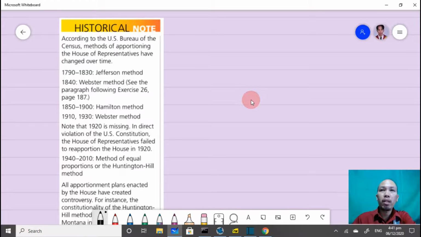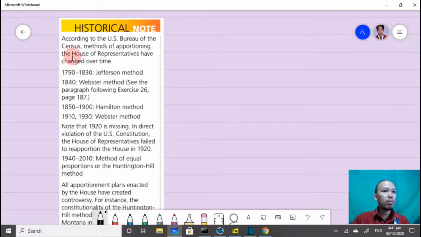The Huntington-Hill apportionment principle depends on the Huntington-Hill number, while the apportionment principle depends on the relative unfairness of apportionment. So just review your definition that was uploaded in the Google Classroom in your module, or maybe in this discussion. Just recall that topic. There's a difference between the Huntington-Hill apportionment principle and the apportionment principle.